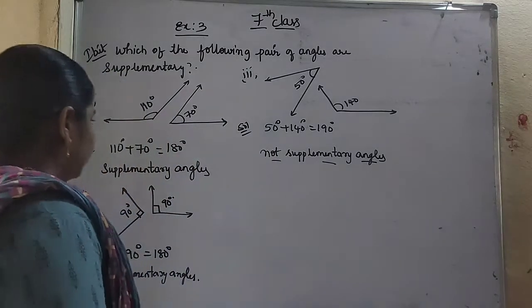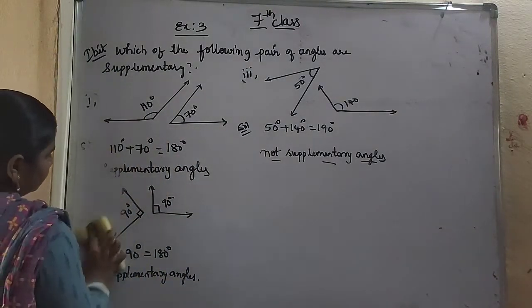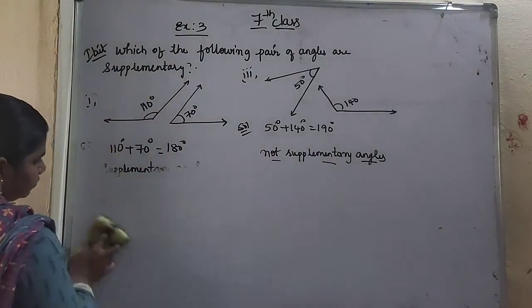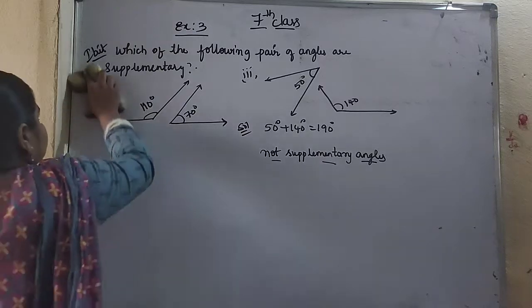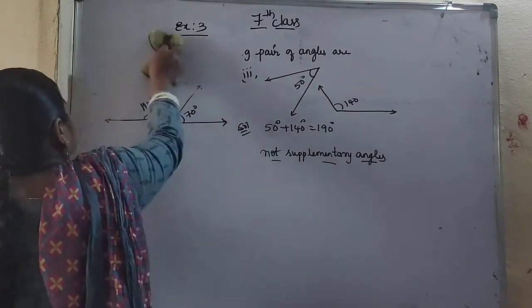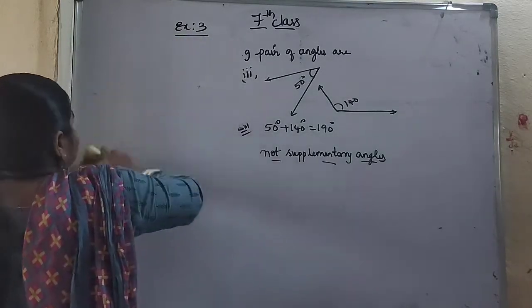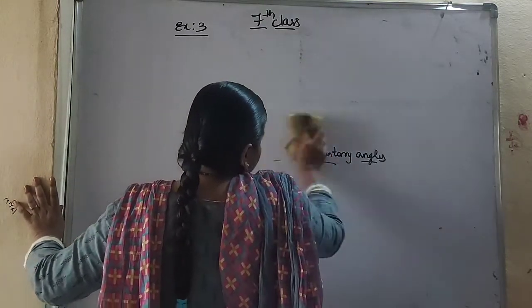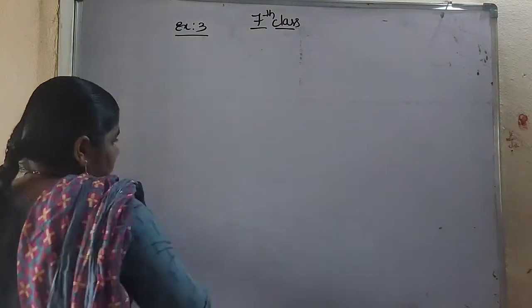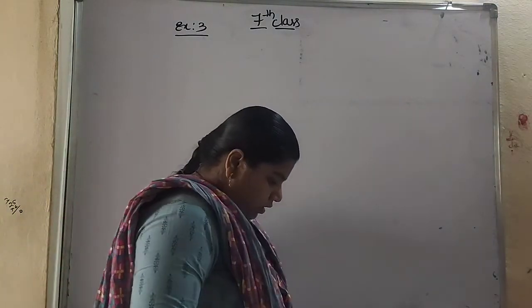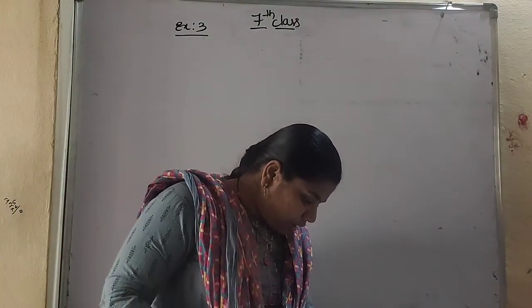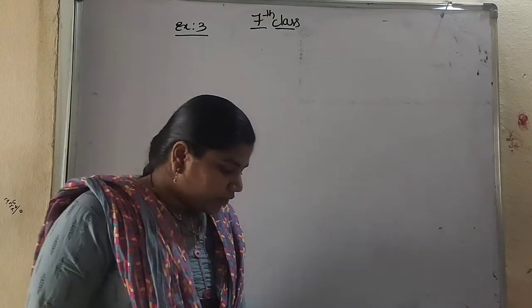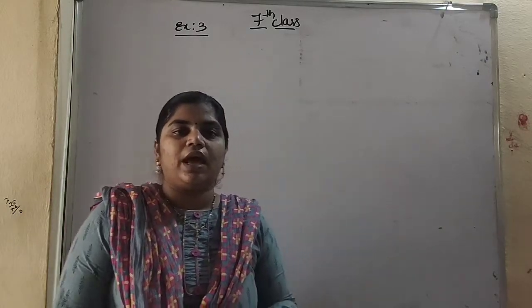Next bit is find the supplementary angles of the given angles. So they have given the angles.